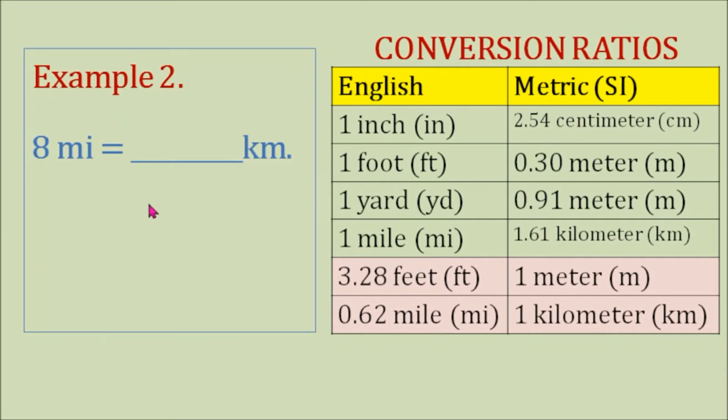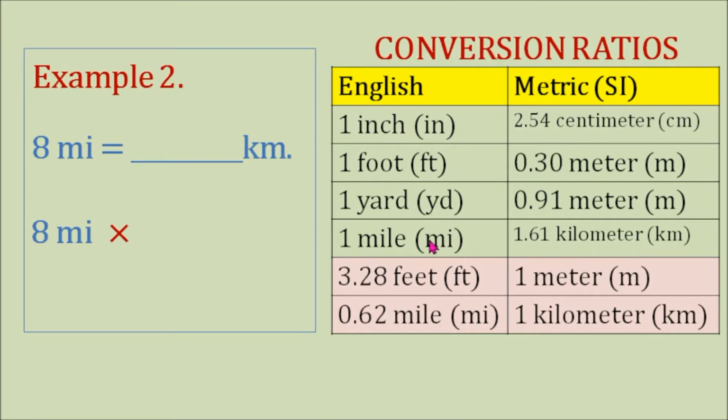Example number 2. 8 miles equals how many kilometers? First, we are going to copy down the measurement that we are going to convert. That's 8 miles. Then we multiply it by a conversion ratio. From our table, 1 mile equals 1.61 kilometer.